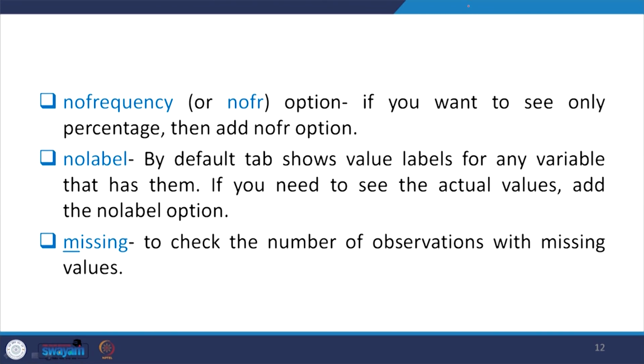Similarly, nolabel: if you do not want labels shown in the output, then nolabel can be added. I will tell you later what we mean by label, you can operate later. By default, tab shows value labels for any variable that has them.